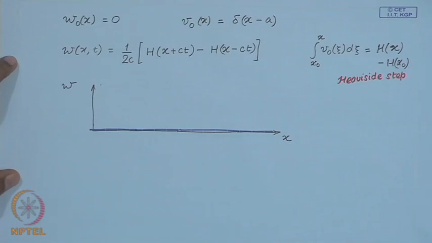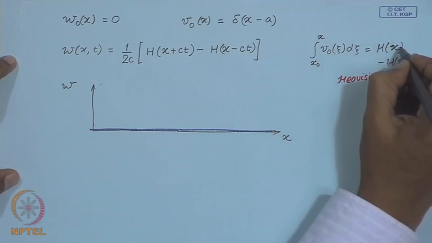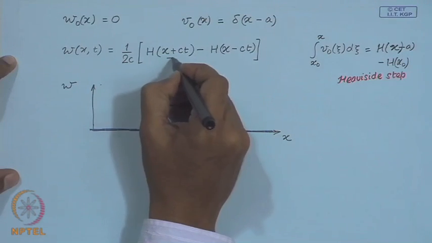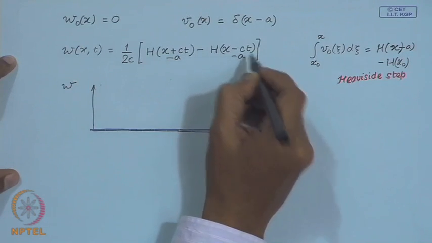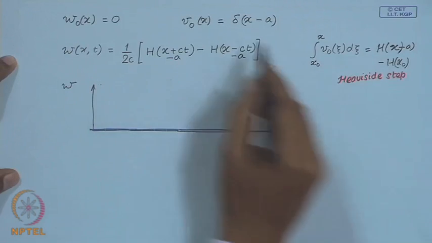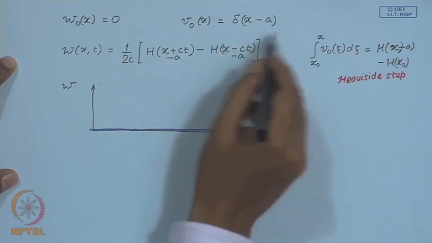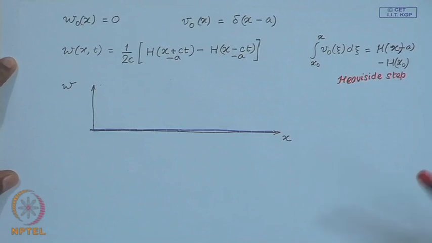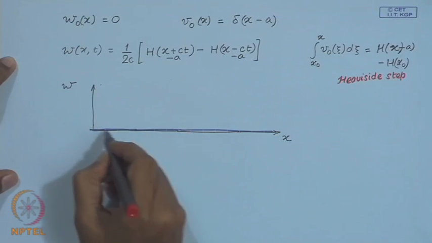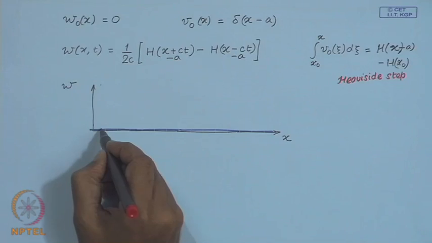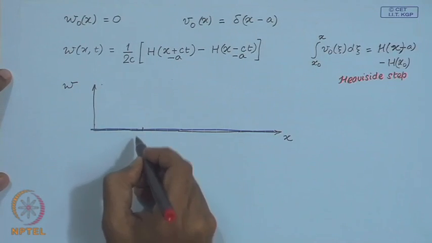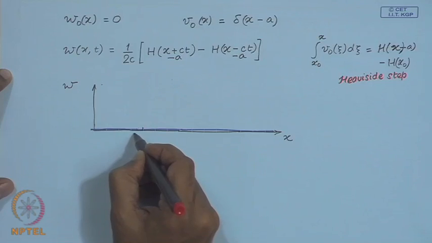So, there is a minus a because I have given the impulse at x equal to a. So, this can be represented. So, let us say this is x equal to a.